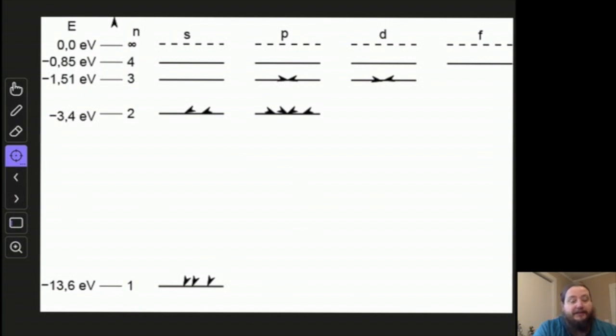Now technically, if you take into account the spin angular momentum of the electron, there are actually twice as many states. So there are in fact 2 spin states down here in the n equals 1, 2 spin states in the n equals 2s orbitals, and 6 spin states available in the p orbitals.